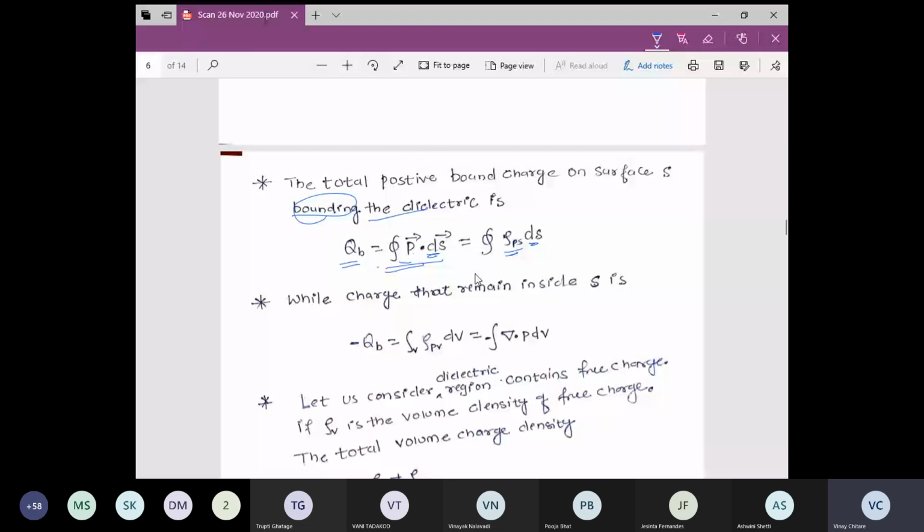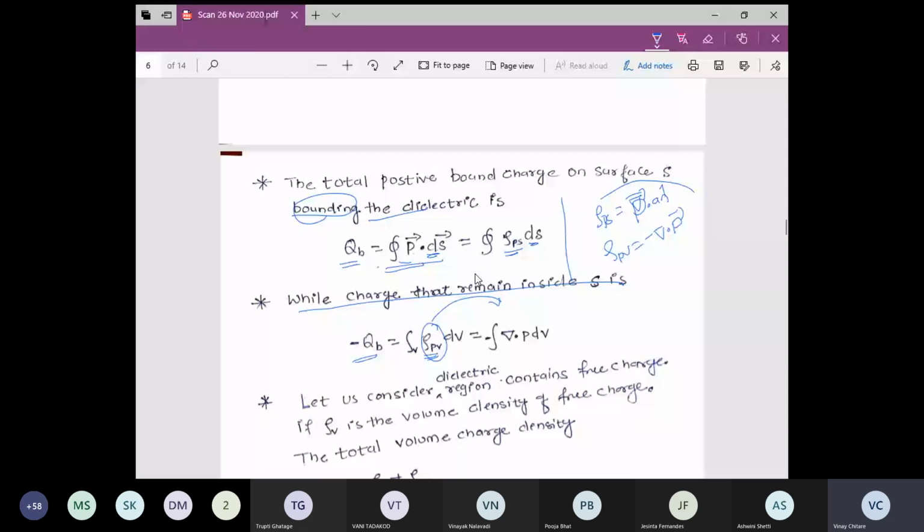The charge that remains inside the surface is minus Qb, which is the volume integral of the bound volume charge density, given by minus del dot P. What is really important is that rho ps is equal to P dot a_n hat. This is a very important expression. And one more: rho pb is equal to minus del dot P.